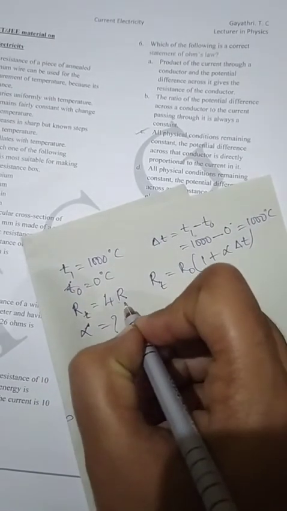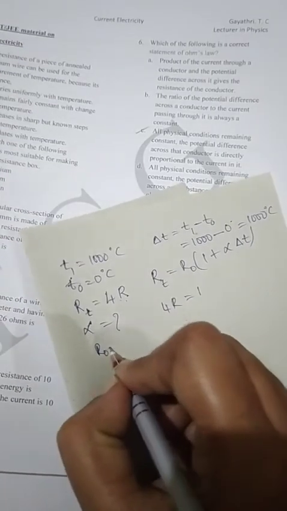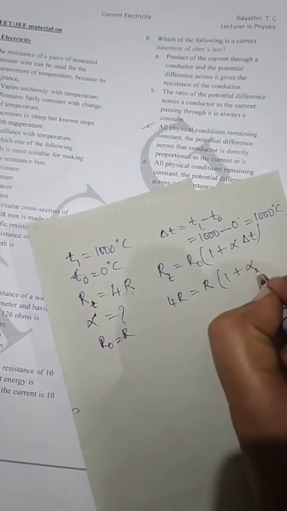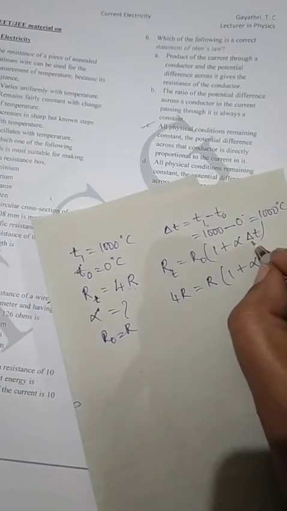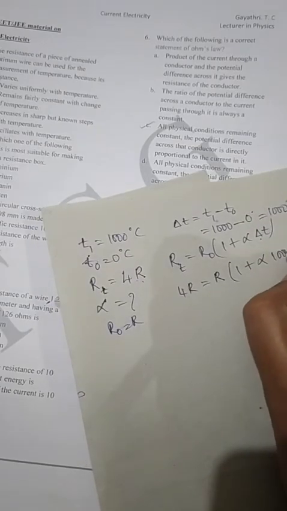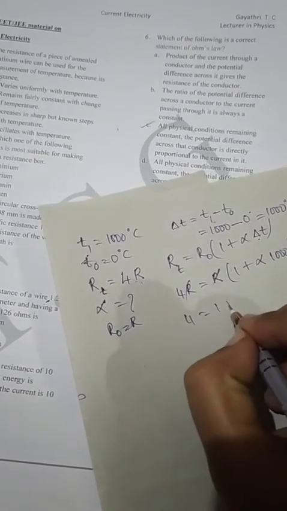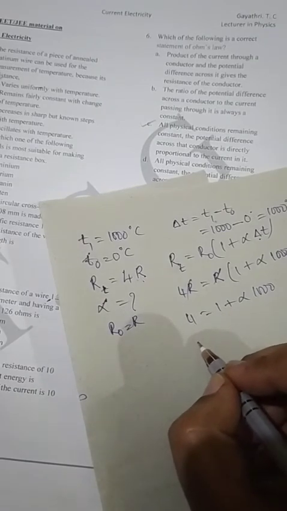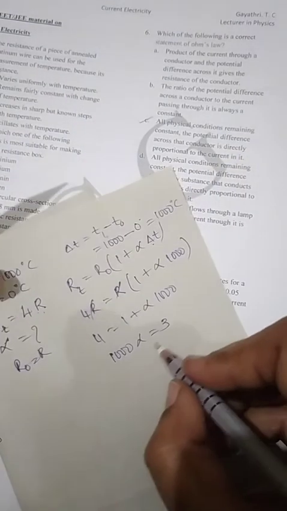RT should be 4 times R. Therefore, 4R equals R0, which is R, into 1 plus alpha, the coefficient of temperature, into delta T, which is 1000. Now, R and R cancel. 4 equals 1 plus alpha into 1000. 4 minus 1 equals 1000 alpha, so 1000 alpha equals 3.